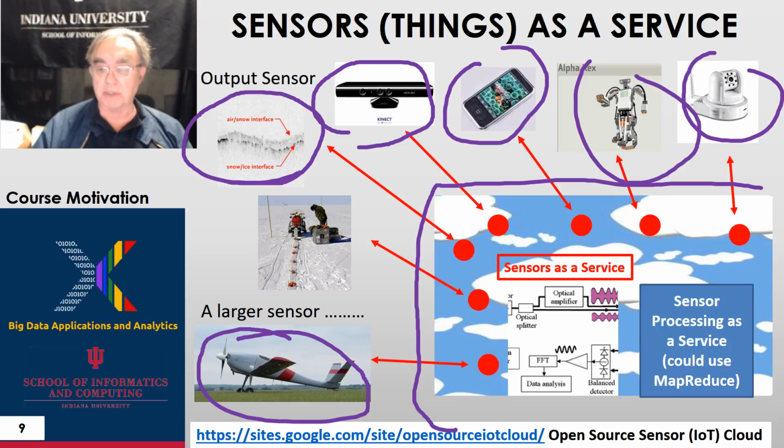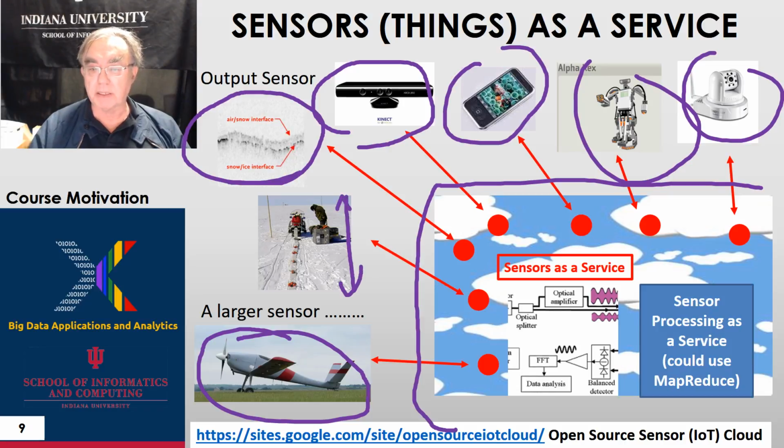And that sensor processing as a service is, as I pointed out, done through Storm. In this case here, it's designed for glaciology remote sensing data, which we'll hear about at the end of the course. That's, if you like, sensors as a service: running the software to process the raw data from the sensors in the cloud.